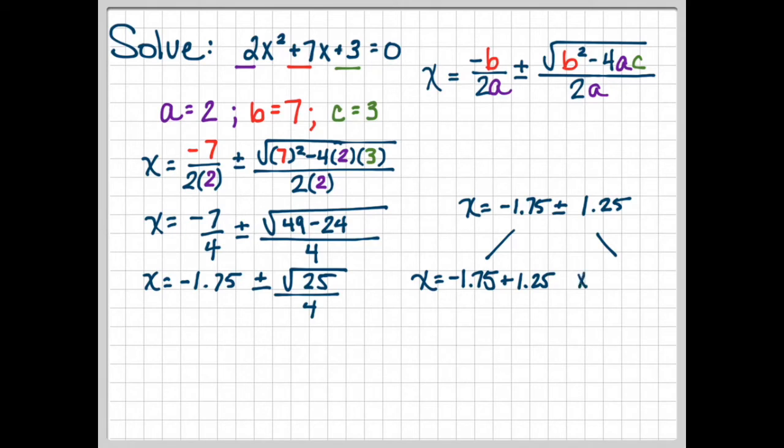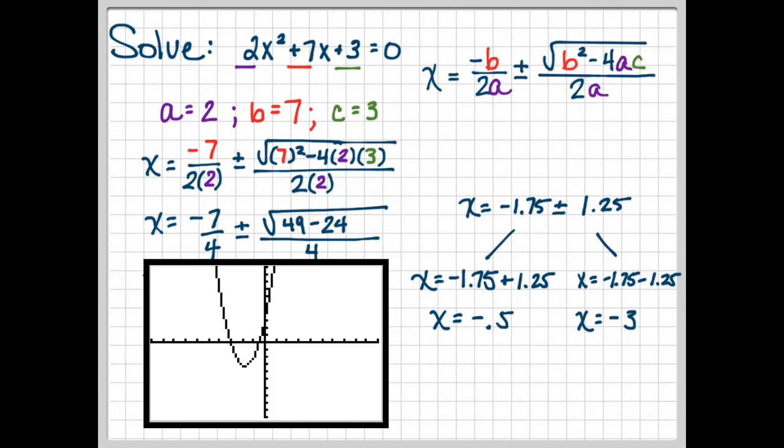And this side will be x equals negative 1.75 minus 1.25. So our solutions to this problem would be x equals negative 0.5 and x equals negative 3. And again, if you want to check out that graph, you can see that our parabola is going to cross the x-axis at those 2 points.